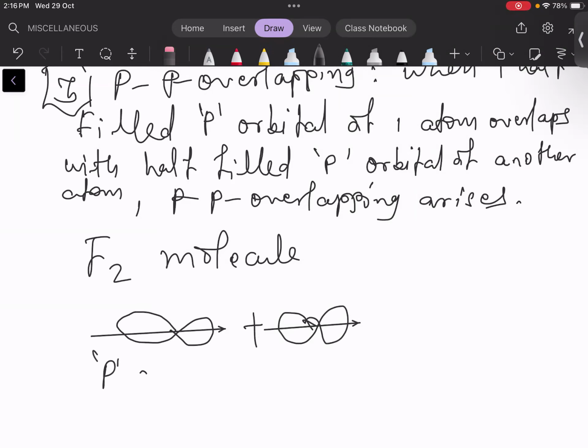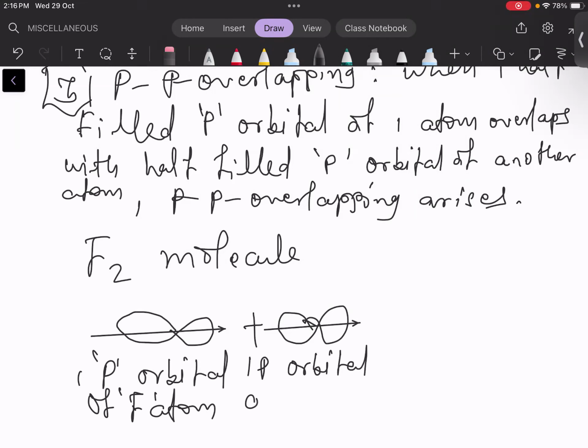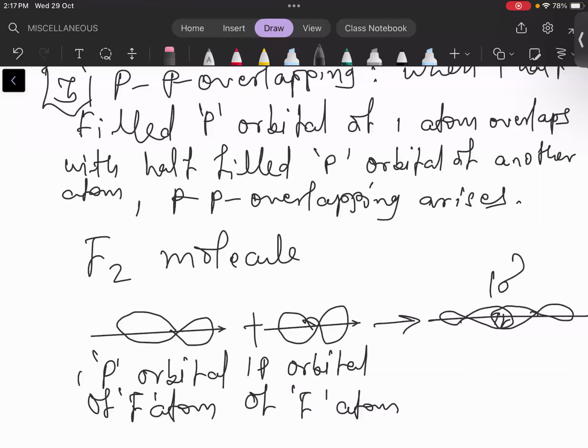So, the p orbital of a fluorine atom, then this is another p orbital of another fluorine atom, and it gives a fluorine molecule. This is one sigma bond.